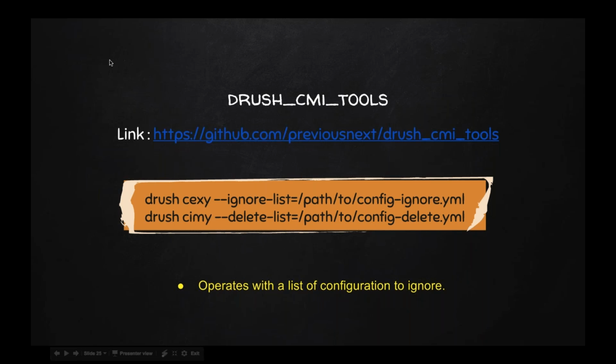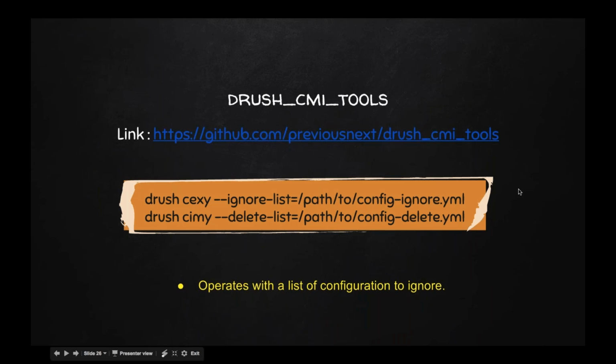When Drush exports the configuration, it will read that YAML file and ignore all these configurations. So if you have some configuration which depends on something and you want that to be ignored, you should mention all these configurations in that file, and that's how you can manage your modules and everything.